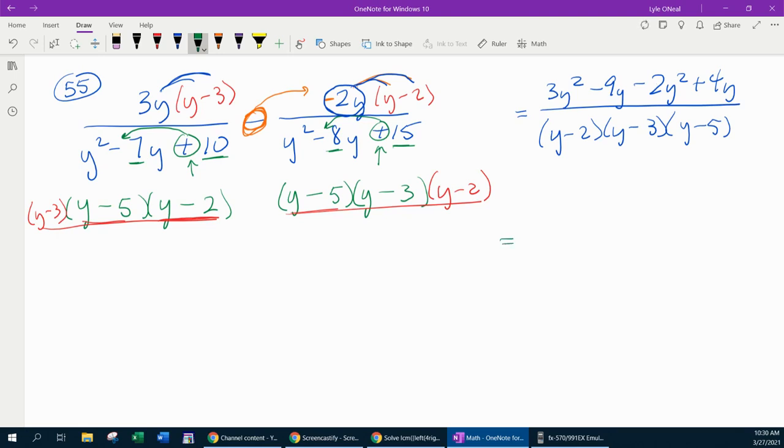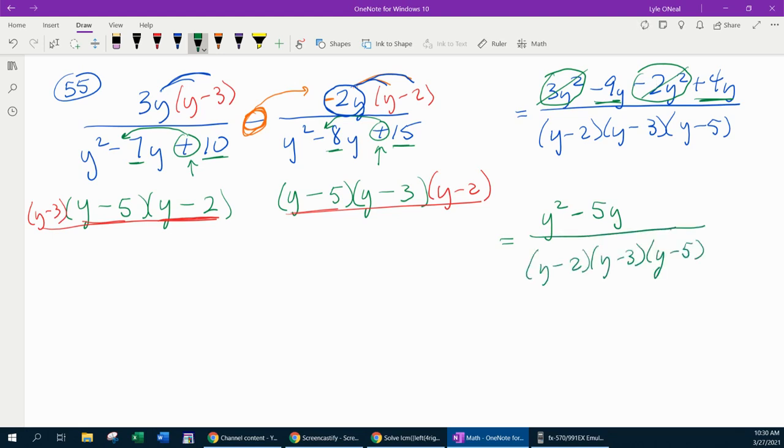And let's use a little TLC when we CLT. 3y squared minus 2y squared. That's going to give us y squared. I've got a minus 9y and a plus 4y makes a minus 5y all over our common denominator. And let me tell you, if you stop here, you're going to get partial credit because this numerator can factor further.